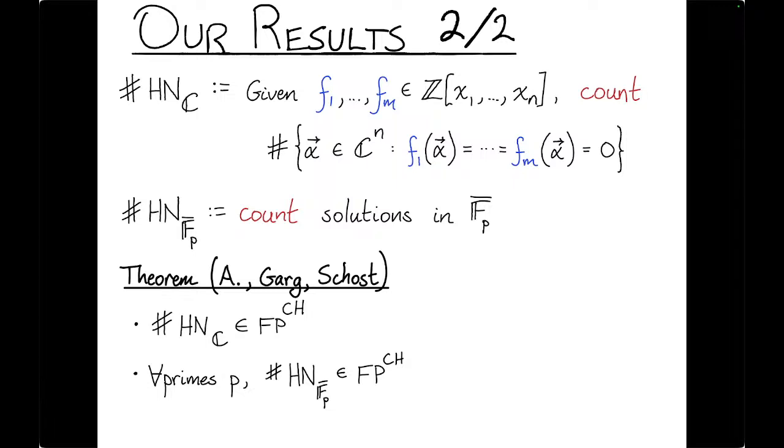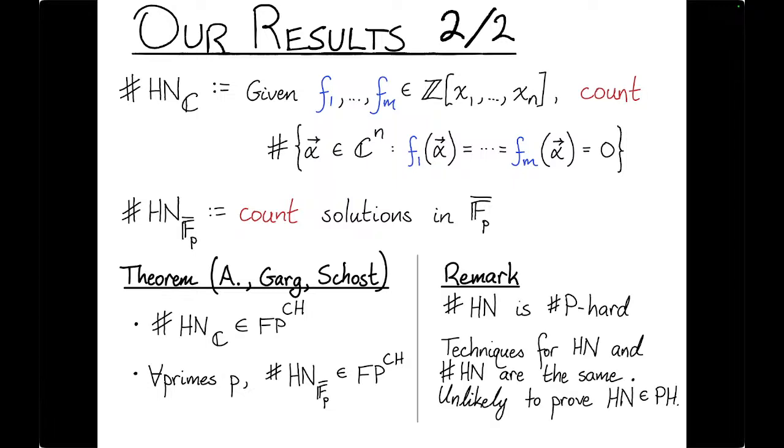Why I think this is interesting is that this sharp HN problem is actually a sharp P-hard problem. Counting solutions to polynomial equations captures counting solutions to satisfiable or unsatisfiable Boolean formulas, which is a sharp P-hard problem. And the counting hierarchy is in the neighborhood of sharp P, so with this counting hierarchy upper bound we're getting the right answer for the counting complexity.